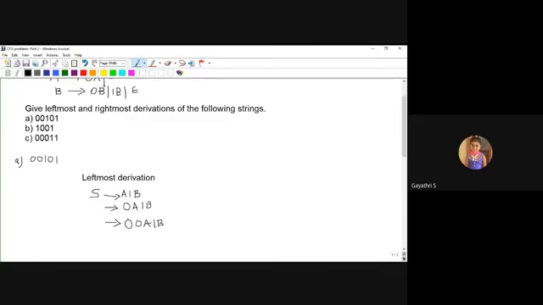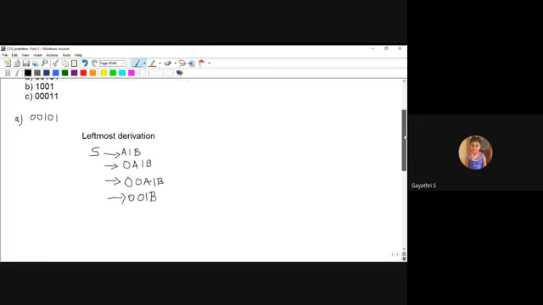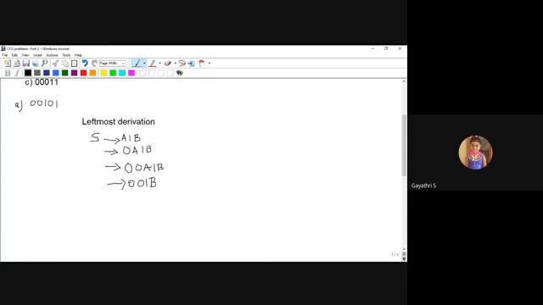Next, again two variables, A and B. I will choose A, and instead of A I will choose epsilon. We don't need to write epsilon here, so we have 001B. Now only one non-terminal, B, is available.